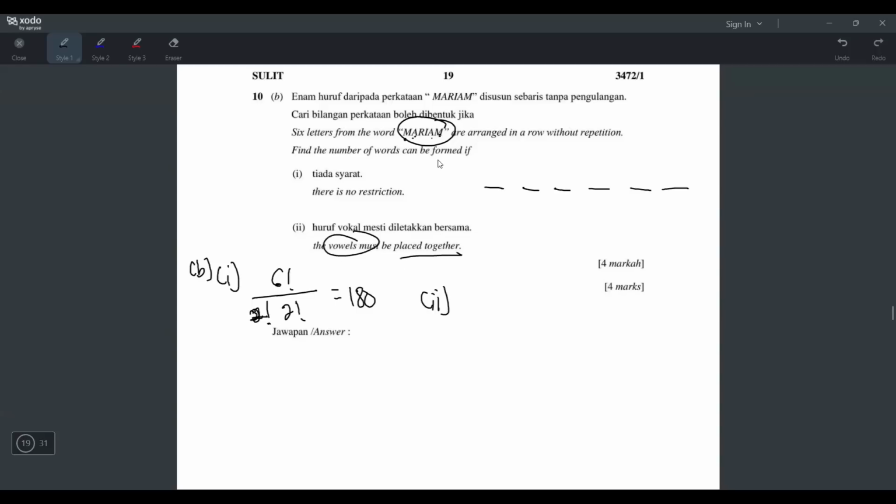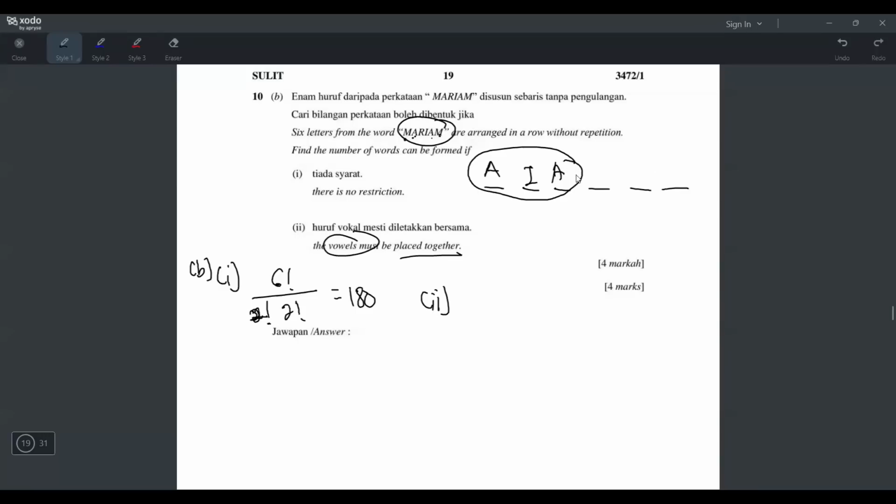They said there is a condition: the vowels must be placed together. Okay, the vowels, A, I, A, must be placed together. So what is the number of ways to arrange the word now?